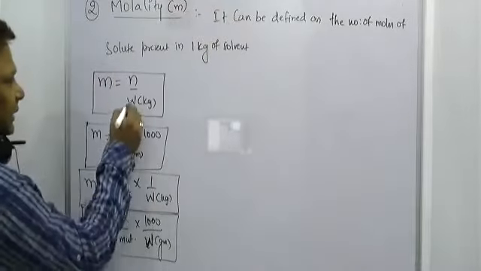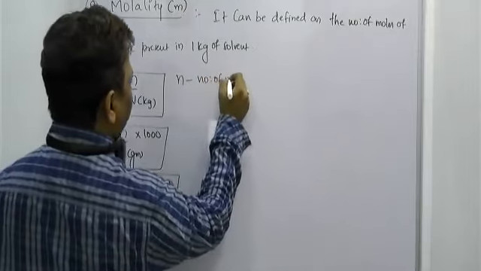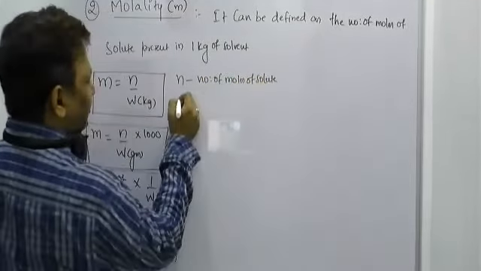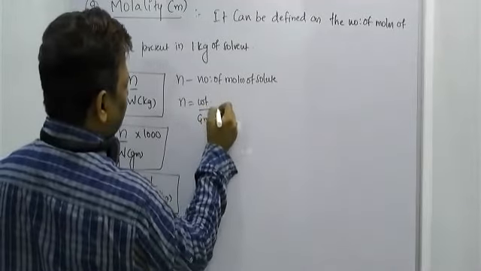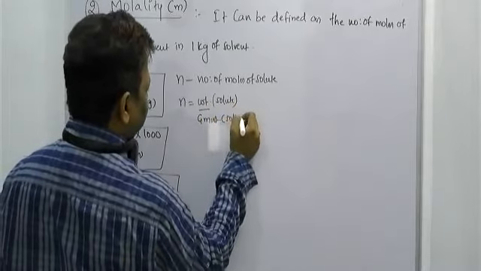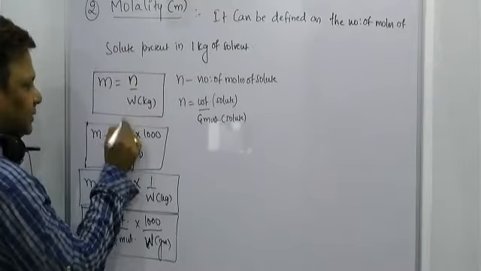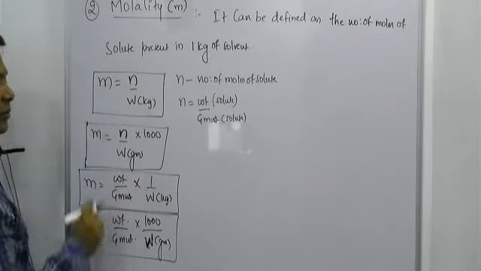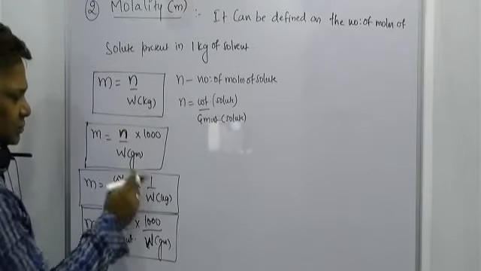But remember, again and again I will inform you, beta, N indicates number of moles of solute. Sir, what is the number of moles of solute? Beta, it is weight of solute by gram molecular weight of solute. See, in place of N, we substituted weight by gram molecular weight into 1 by W. Here also weight by gram molecular weight into 1000 by W in gram.